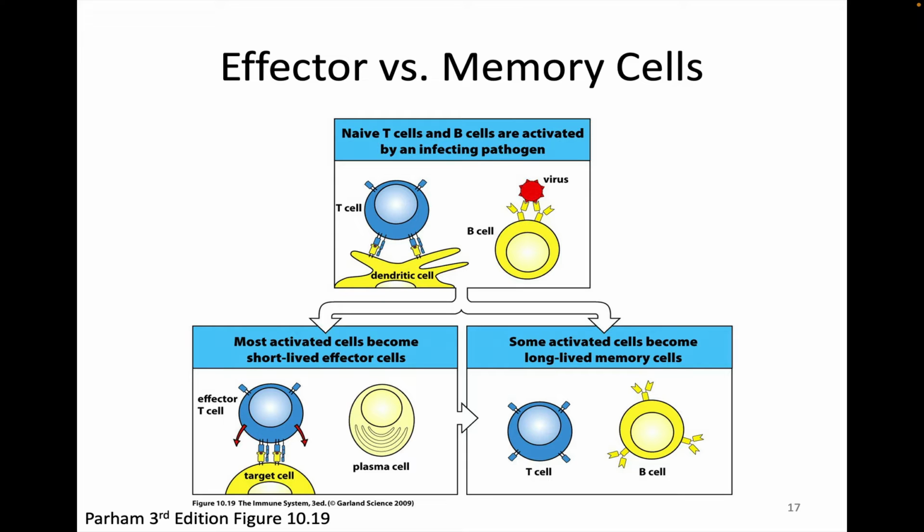So unlike the effector cell that's short-lived and is sort of ready to undergo apoptosis after it does its job, that memory cell is going to be able to live for a long time or be able to divide and have some progeny that are going to keep that lineage going for a very long time. There was a ridiculously cool paper that came out earlier in 2023 that actually looked at some details of how long those memory cells can live, and we can talk about that a little bit later.